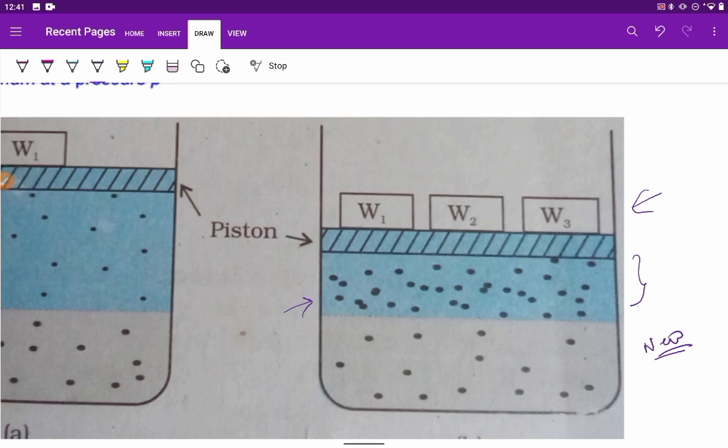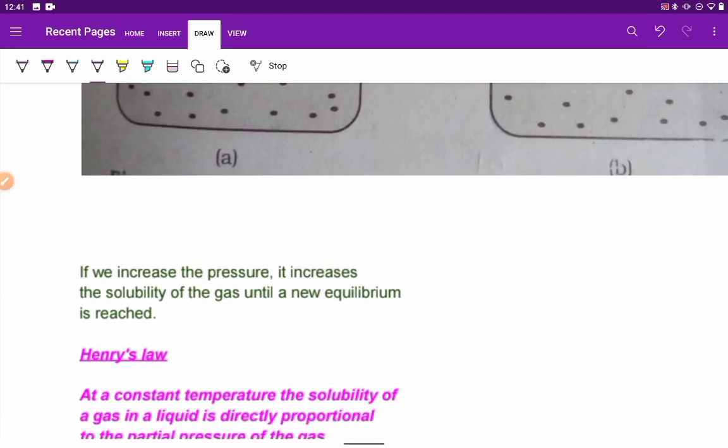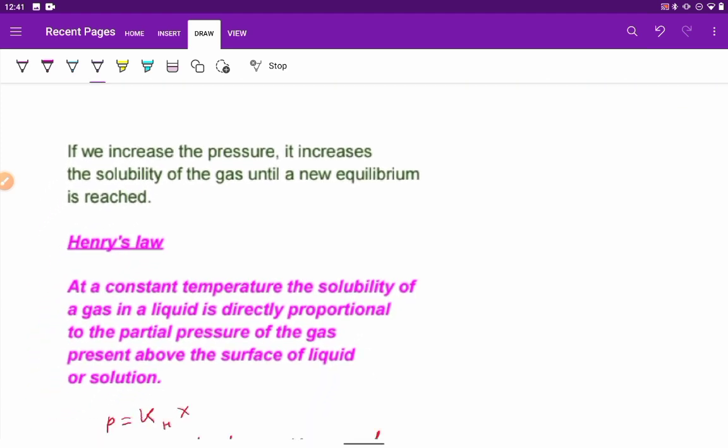This is the reason why on applying pressure the solubility increases: per unit volume the number of gaseous molecules is increasing. When more molecules are there, more will strike the surface of the solution and enter it, and thus the solubility of the gas will increase. So if we increase the pressure, it increases the solubility of the gas and we will reach a new equilibrium after that.